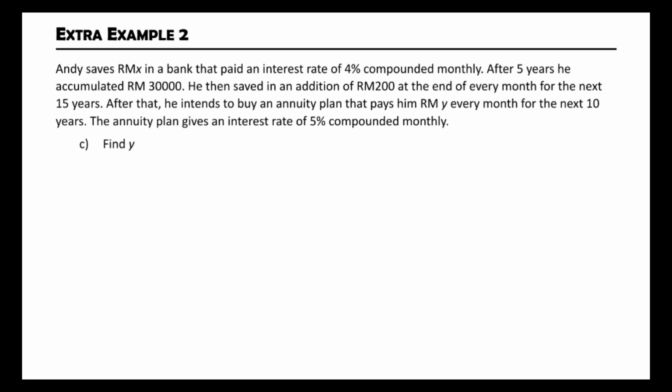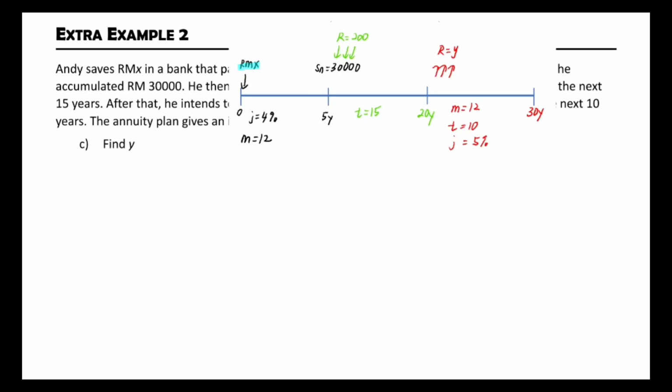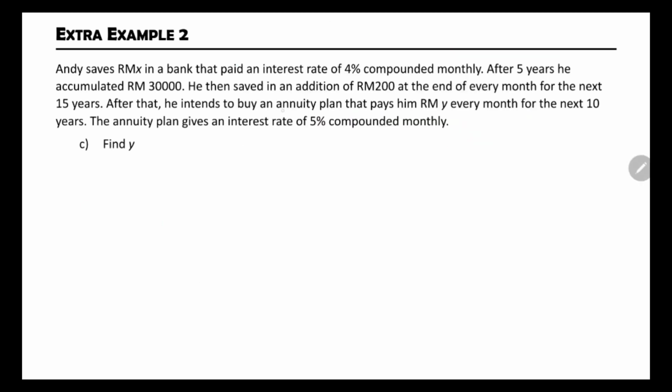The last question, find Y. Y is from an annuity plan that pays him RMY every month for the next 10 years, denoted in red. We need to find the amount of annuity that he buys, means we need to find the value of AN. AN comes from the first sum from X, and the second sum from the repeated payment of 200.